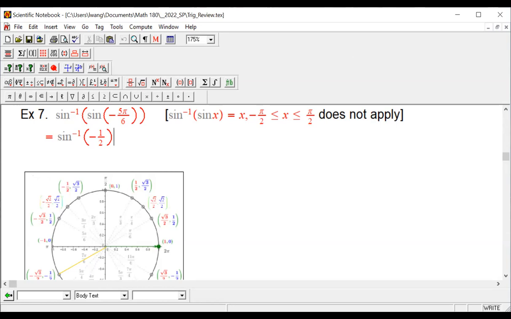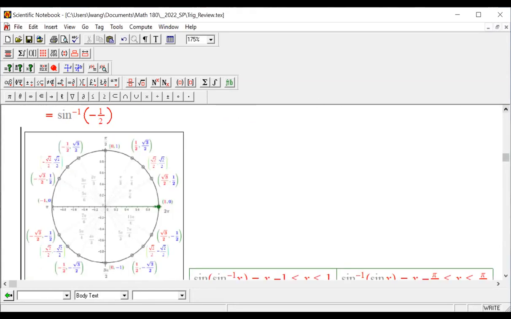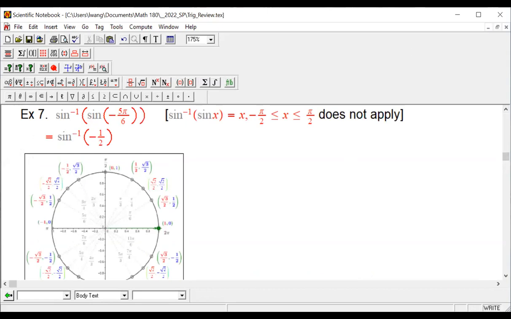And the next step, arc sine of negative half. We're dealing with arc sine of negative half, and what do we do? No-fly zone, right? Here is the blue negative half.